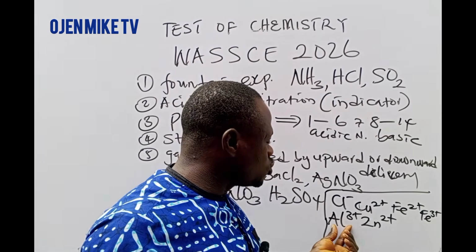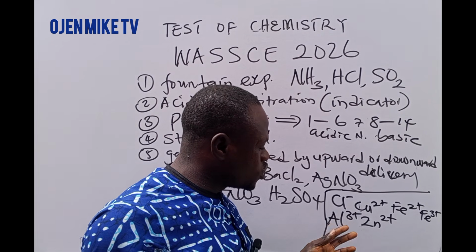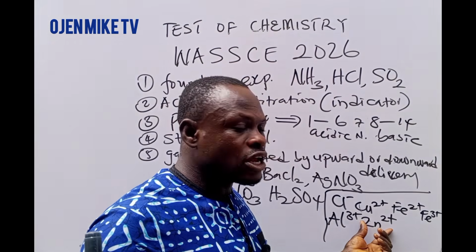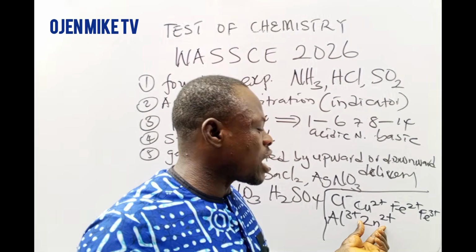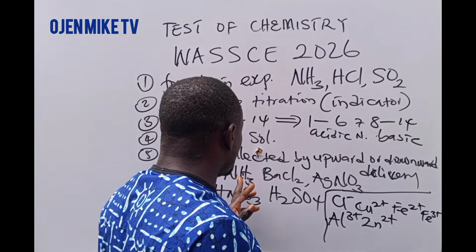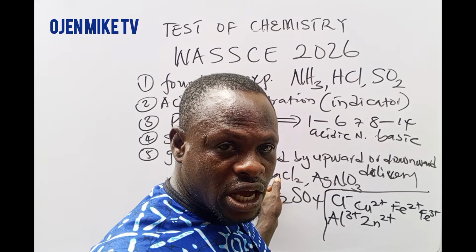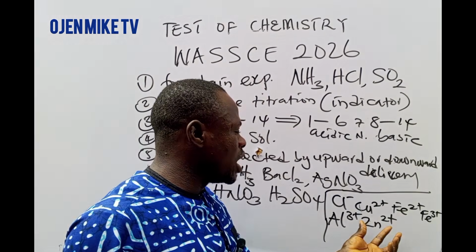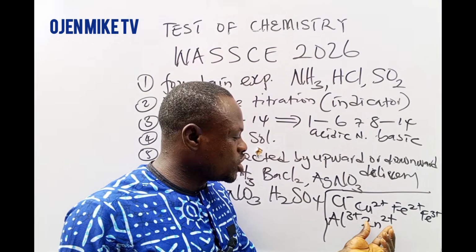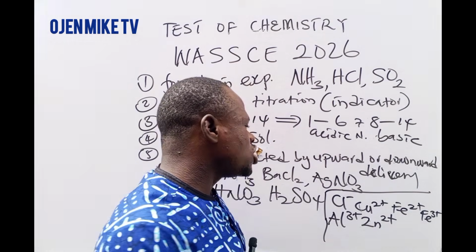But in excess sodium hydroxide, aluminum will dissolve. If excess sodium hydroxide is added to zinc ion, it will not dissolve unless you use aqueous ammonia. Do you get that? Aqueous ammonia dissolves the precipitate in zinc ion. Do you understand?